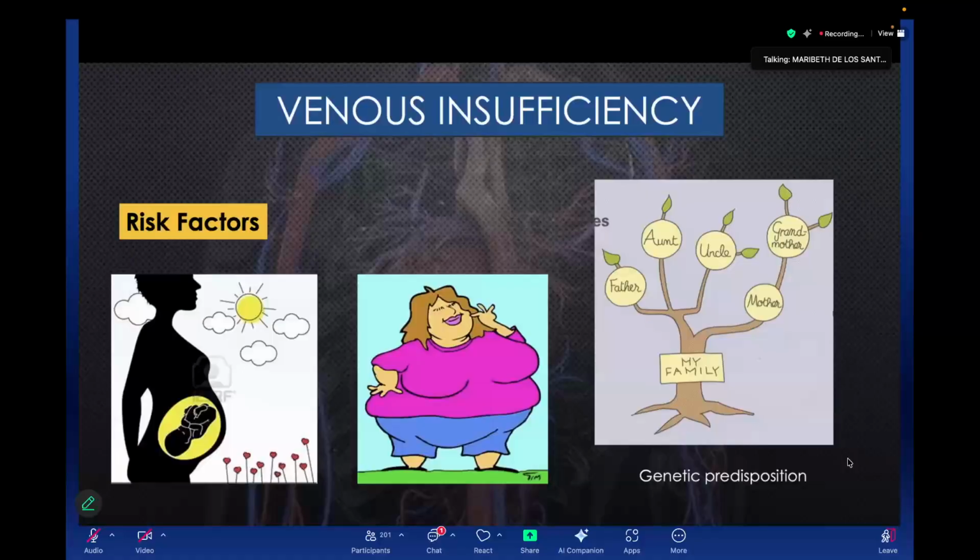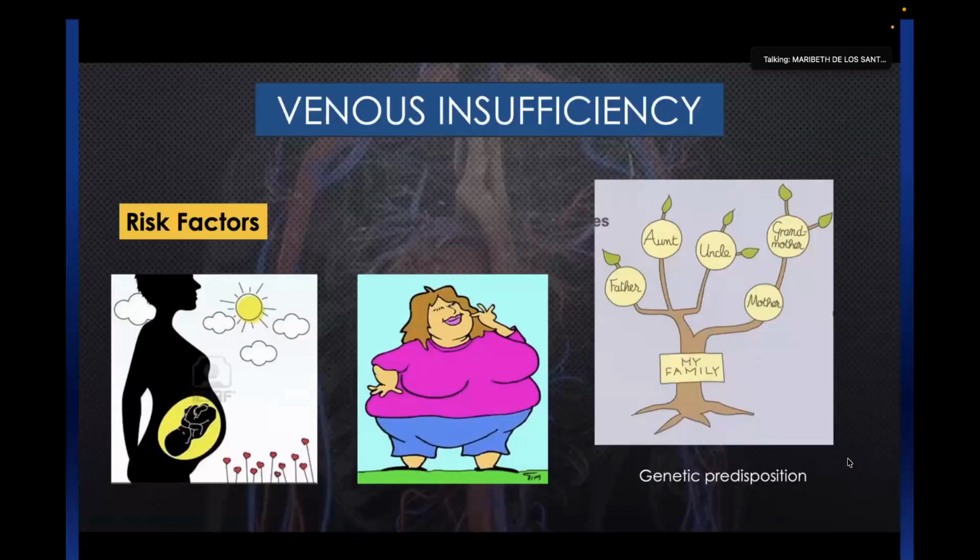Sometimes we have congenital venous insufficiency. These congenital diseases cause malformations in the veins of the leg that one is born with. For example, some people are born without valves in their leg veins.